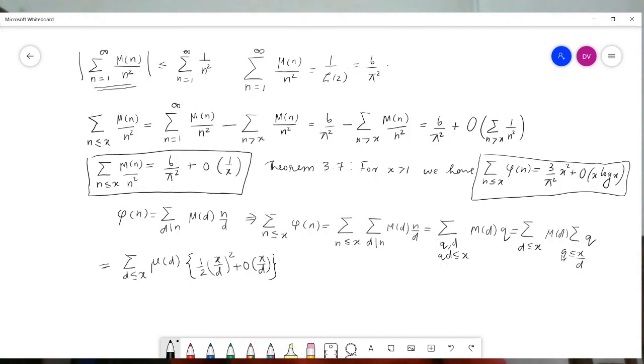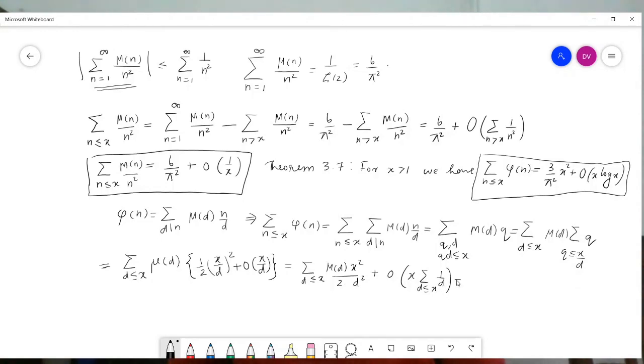This is using the application of the Euler summation formula. So we can distribute the sum, and we will get summation d less than or equal to x of mu of d times x square divided by 2 d square, plus O of x times summation d less than or equal to x of 1 by d.